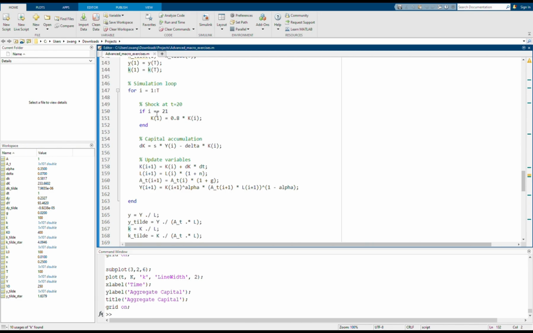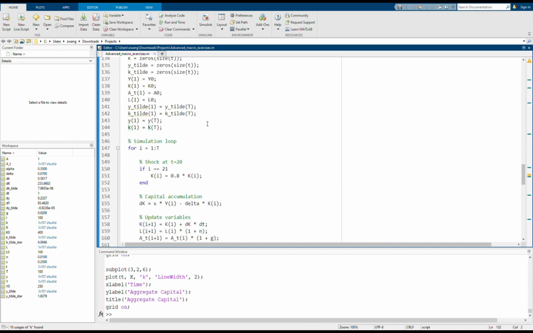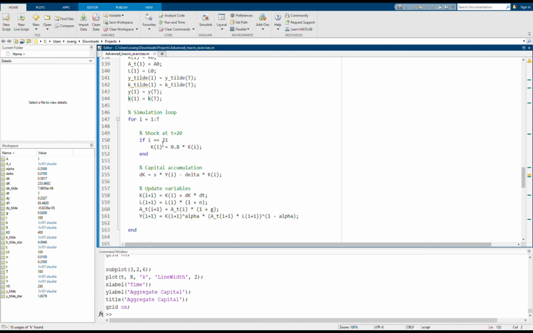Here you can see that I check whether i equals 21, not 20. That's because the time period here starts from 0, not 1, so you could imagine you pull the x-axis one step to the right. So when i equals 21, actually t equals 20.